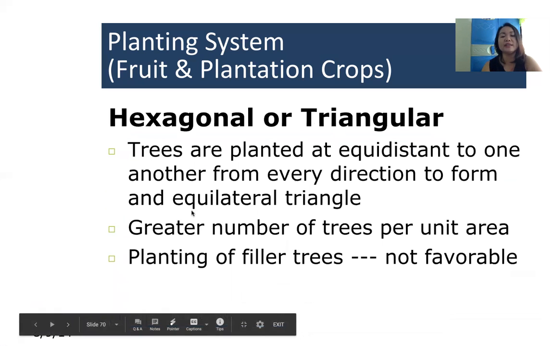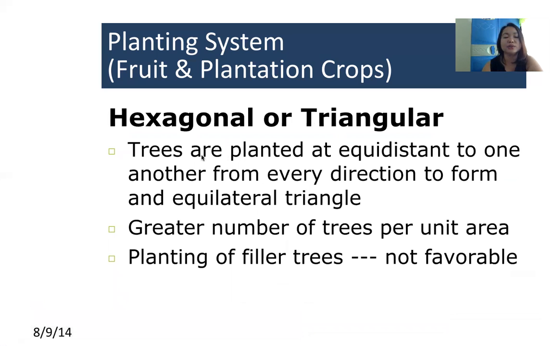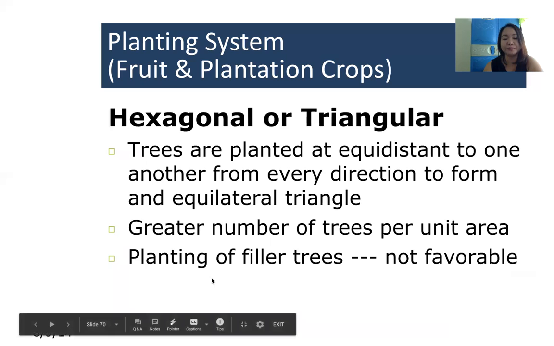For a hexagonal or triangular system, trees are planted equidistant to one another from every direction to form an equilateral triangle, giving a greater number of trees per unit area because of the triangular form.